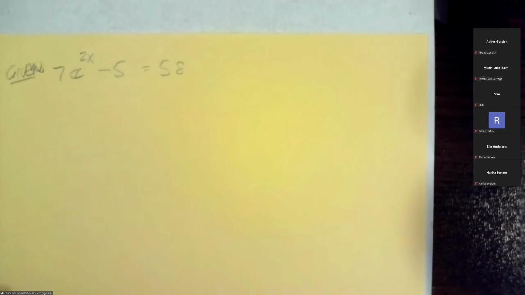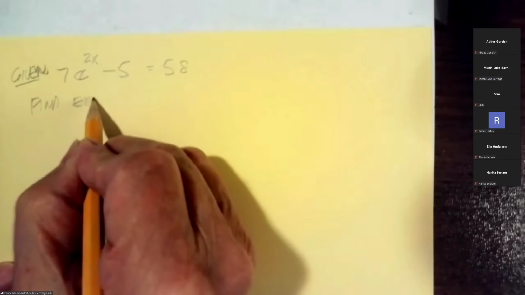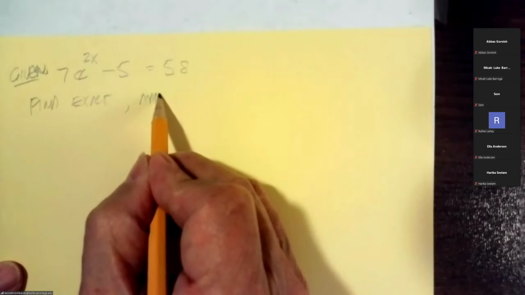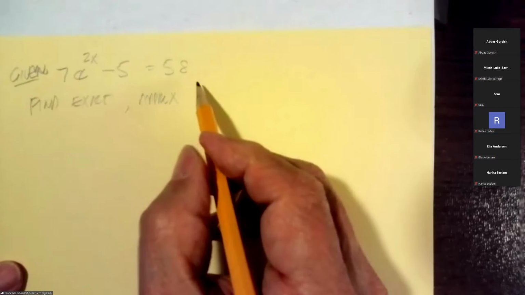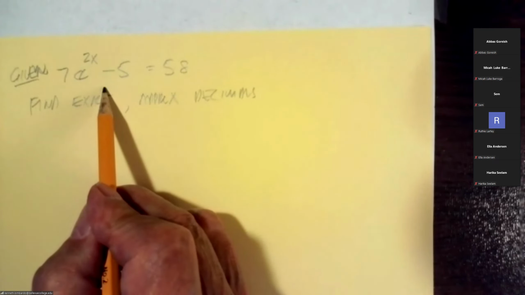And I say, I want you to find the solution exactly, and then I want to find exact and approximate. So let's say 2 decimals. Given that we have that.